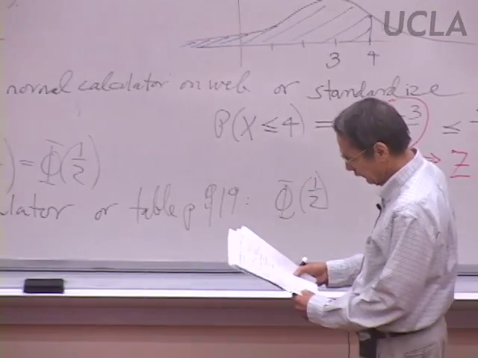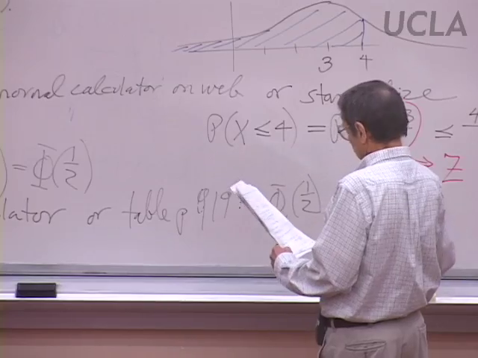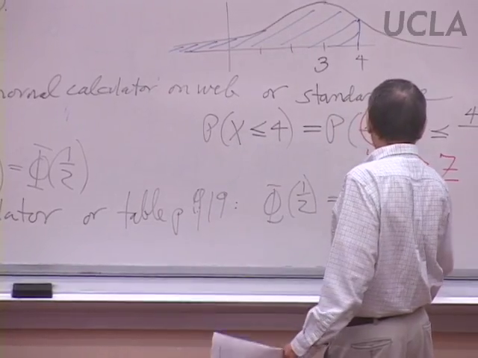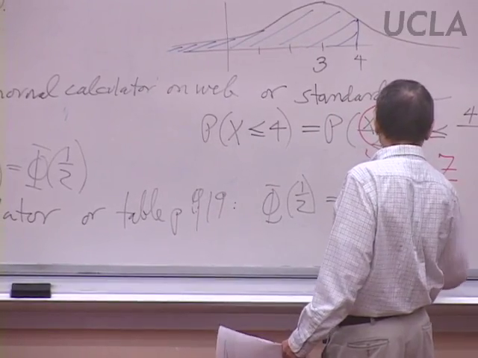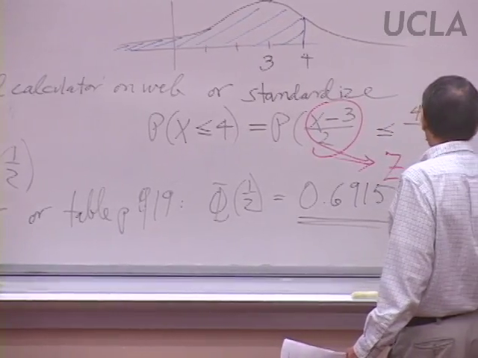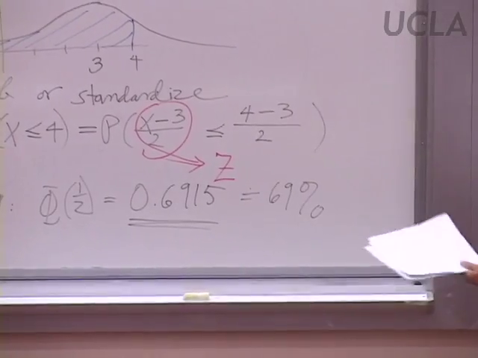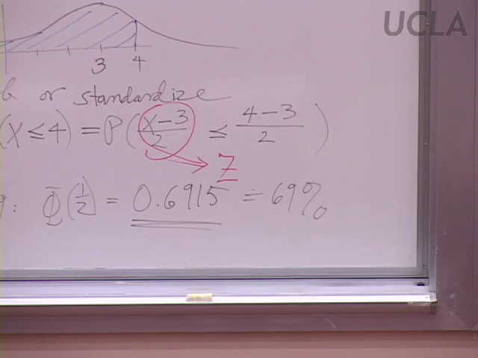Which says Φ(1/2) is 0.6915. About 69%. End of the problem. The probability we're after is about 0.6915.